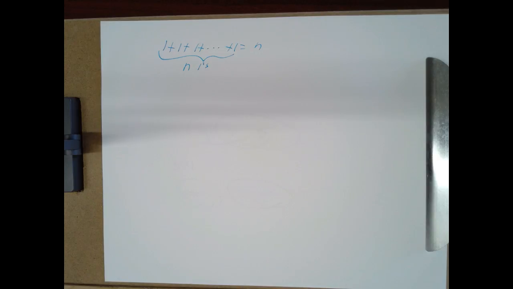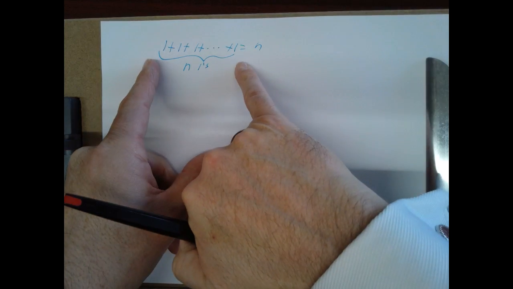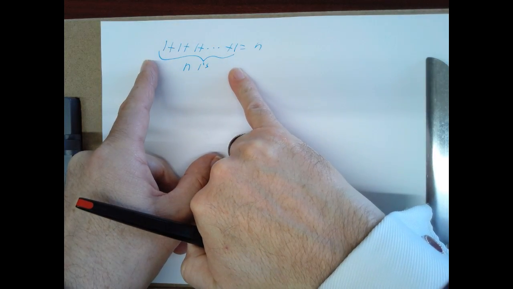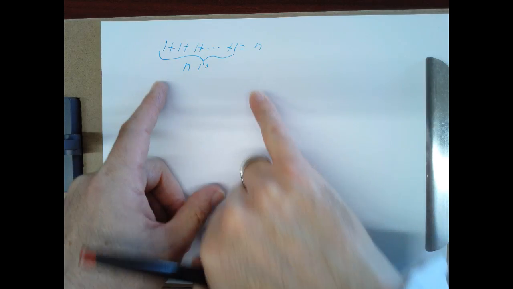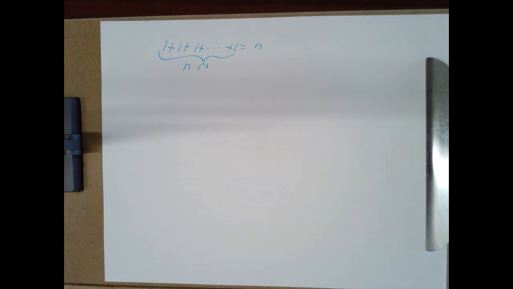But you'd like to prove that this is true for all n bigger than or equal to 1. And unless you have some way of saying this is just n times 1, which we've never actually proven for an arbitrary number of terms, right? This is fairly obvious but fairly difficult to prove unless you use induction.